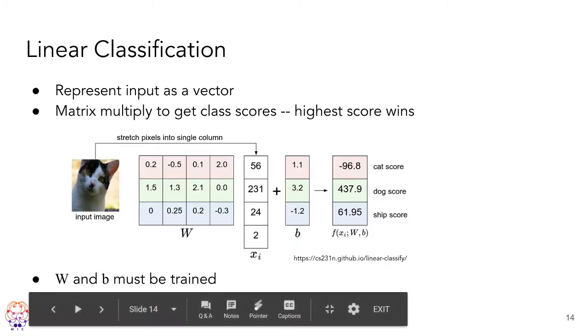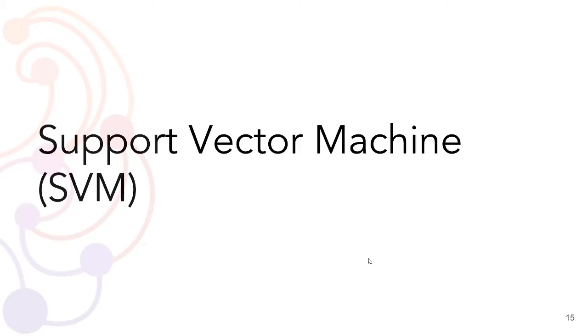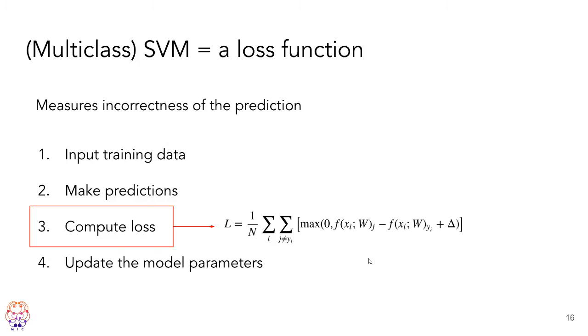Okay. So now we can actually get into what the support vector machine does. So support vector machine, and for our examples, a multi-class support vector machine as opposed to just having two classes, so you can have lots of classes. It's essentially a loss function. So once we do linear classification and we get our class scores, and then we use those to classify our object, they might be wrong, right?